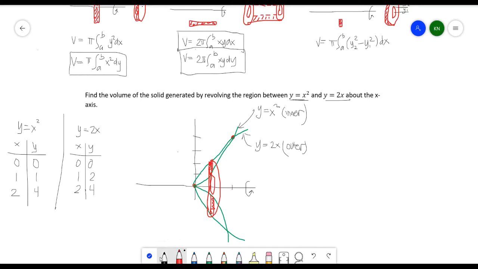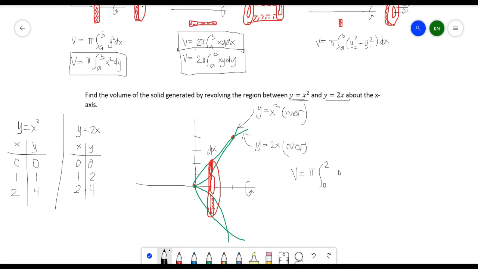Now, that being said, our volume is equivalent to pi, and then our limits, since our strip is vertical, meaning our limit is with respect to x. So that is from 0 to 2.